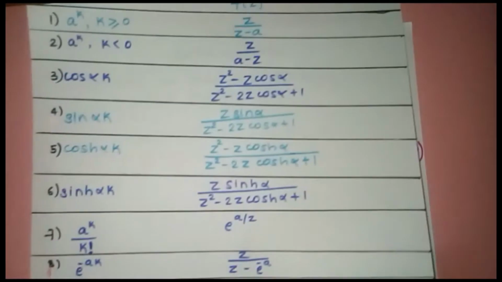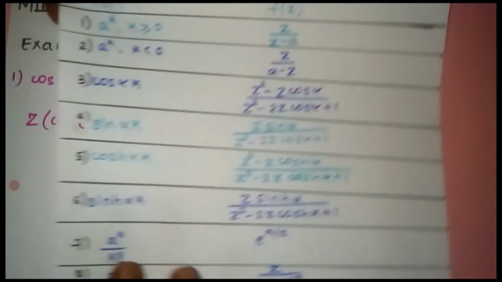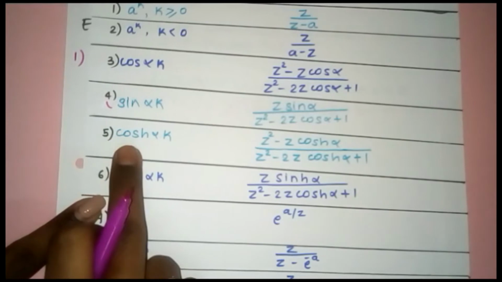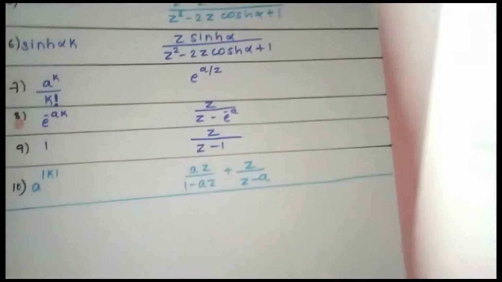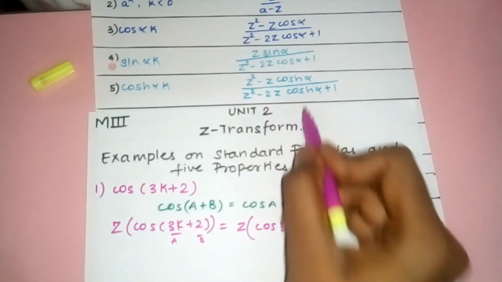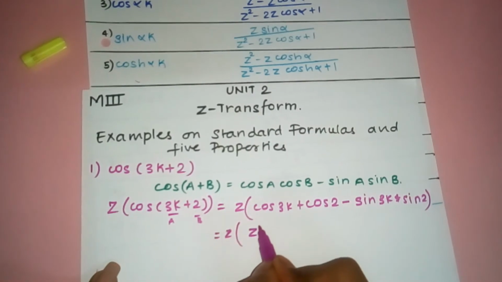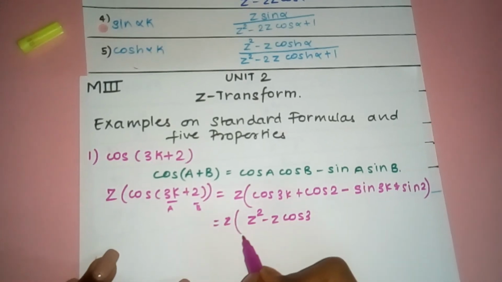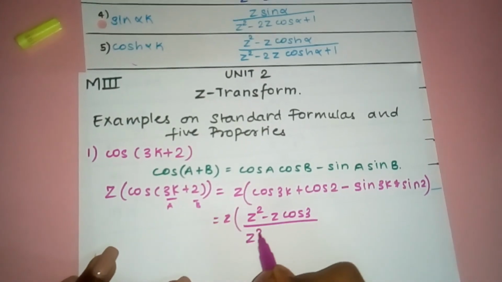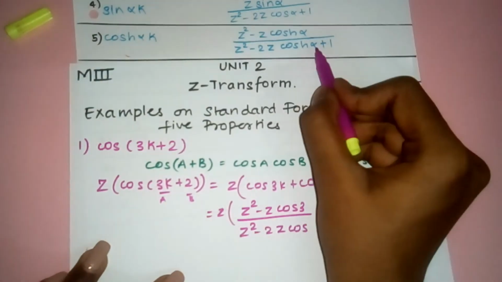So now we'll see the formula sheet. Over here we have cos 3k. Now if you see this, it is cos alpha k, and alpha over here is 3. Now this is the formula, the same formula we can put over here. So the Z transform of cos 3k will be (Z square minus Z cos 3) upon (Z square minus 2Z cos 3 plus 1).